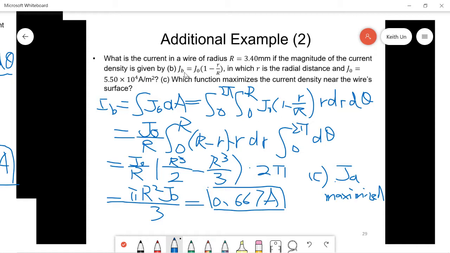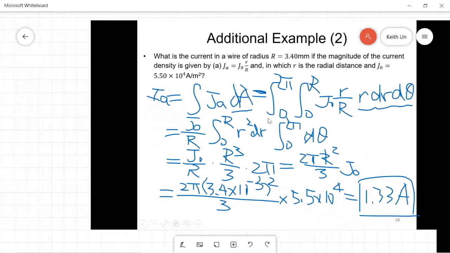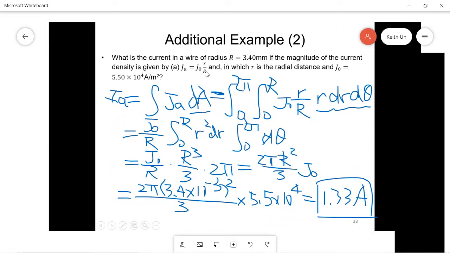Because JA is J0 small r over capital R. So when small r equals capital R, JA is J0.